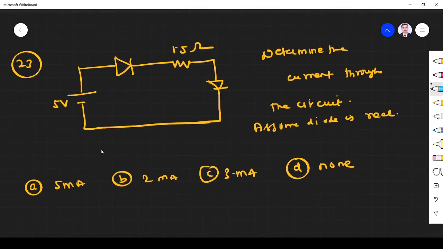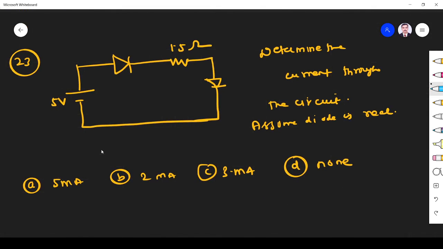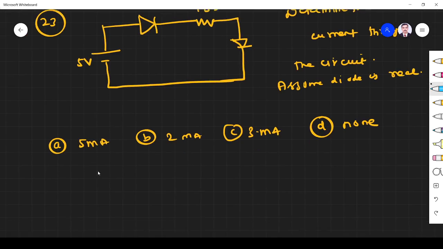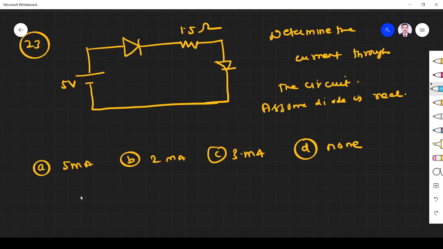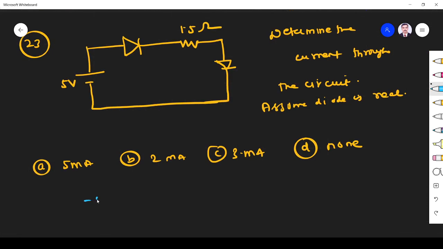The next question is they have given a circuit. Determine the current through the circuit. Assume diode is real. So we have to find the current through the circuit. Let us see how we are going to do the problem. We apply KVL. From here I start. So minus 5 volt, plus diode voltage drop, I assume it is 0.7.